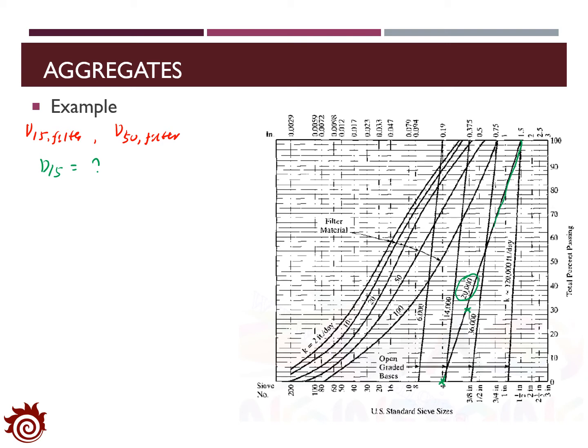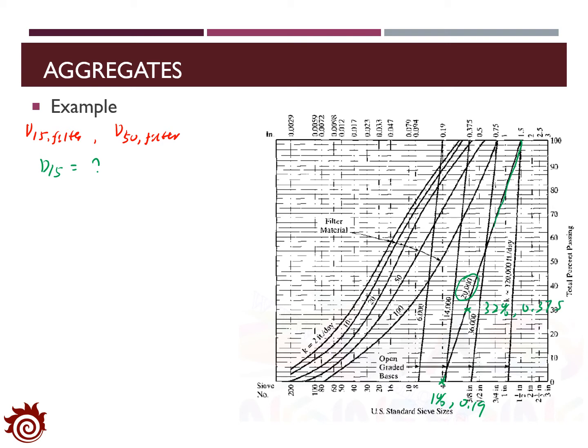For the point at the bottom, we have the percentage of 1 and the grain size of 0.19. On the top, that is 32% with a grain size of 0.375.